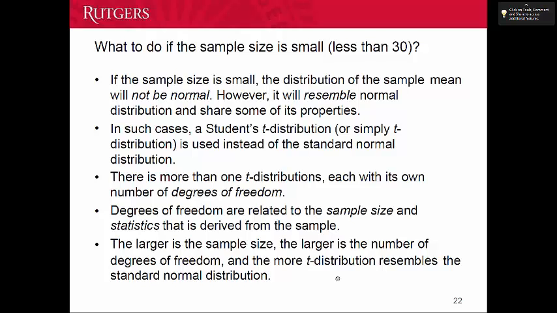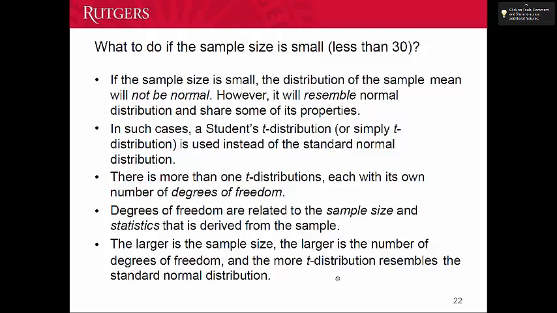So the central limit theorem tells us that if the sample size is large enough, the sample mean is distributed as a normal distribution. However, what is the case if the sample size is relatively small?